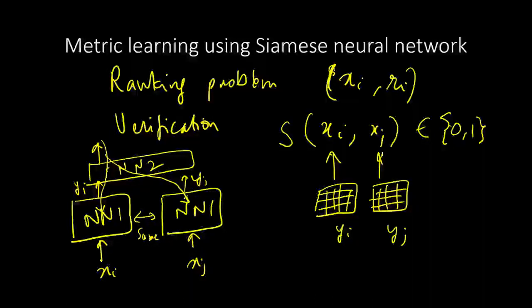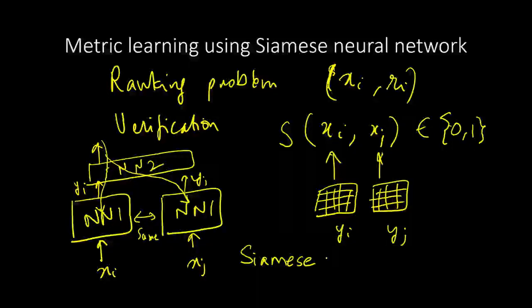Because we are using two instances of the same neural network, it is as if they are identical twins that are joined with each other, and that's why it's called a Siamese, based on the term Siamese twins. So this is a Siamese neural network.